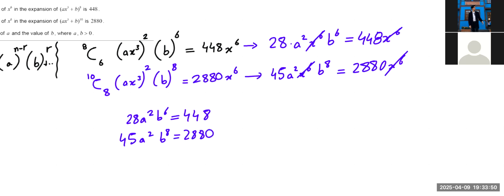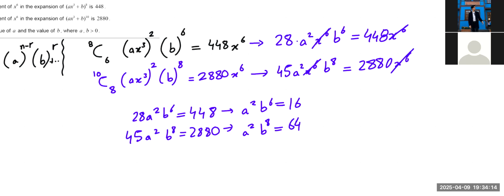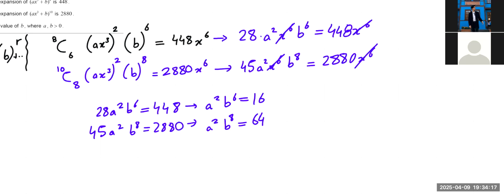I can divide both sides to remove the 28 and the 45 from the left side. So we have 448 divided by 28, which is 16. And over here we have 2880 divided by 45, which is 64. From here, there's a bunch of possibilities. My favorite way to solve this would be to divide the equations by each other.